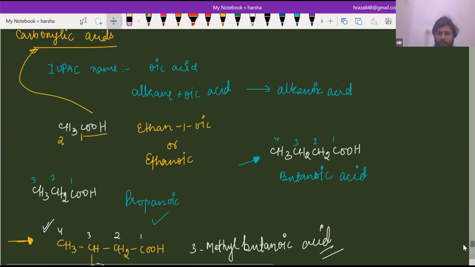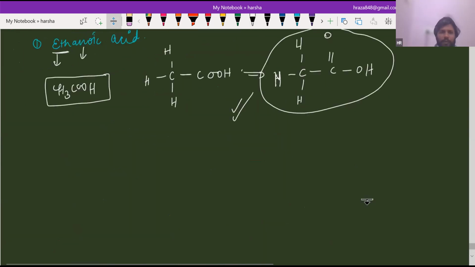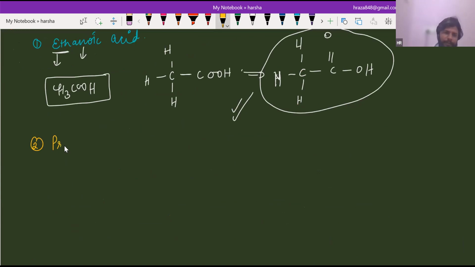Now you are going to write the structure of propanoic acid. Don't copy it. Just write. Prop means 3 carbons. That means in propanoic acid, the total number of carbons will be 3. Always remember that carbon makes only 4 bonds.